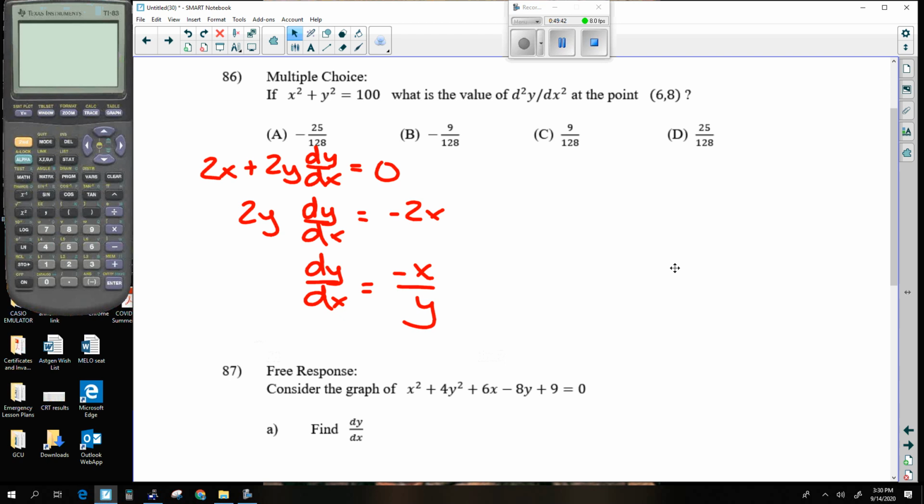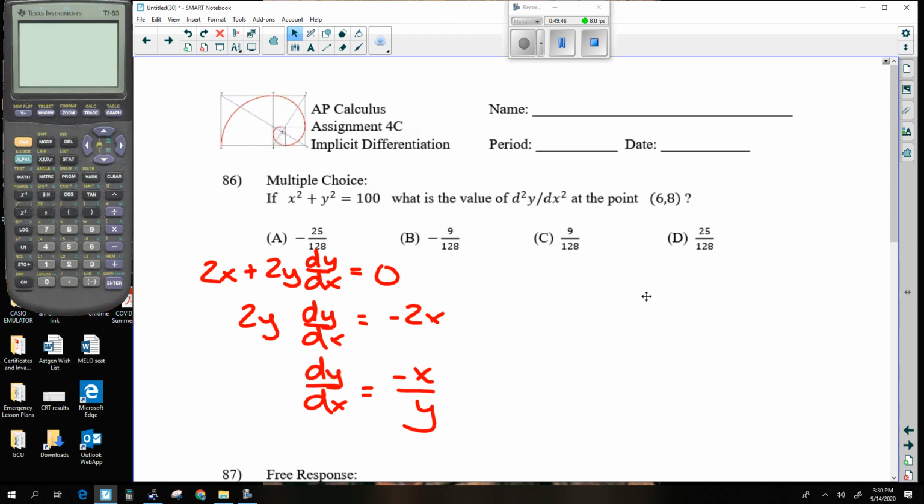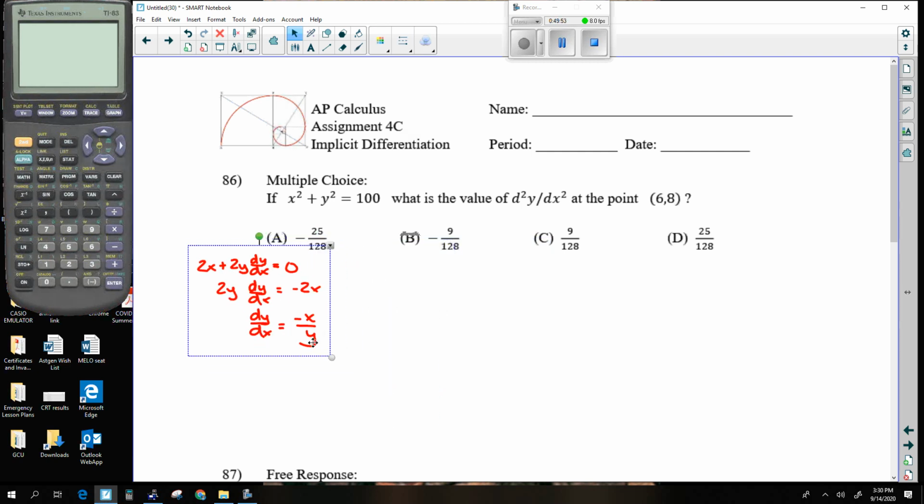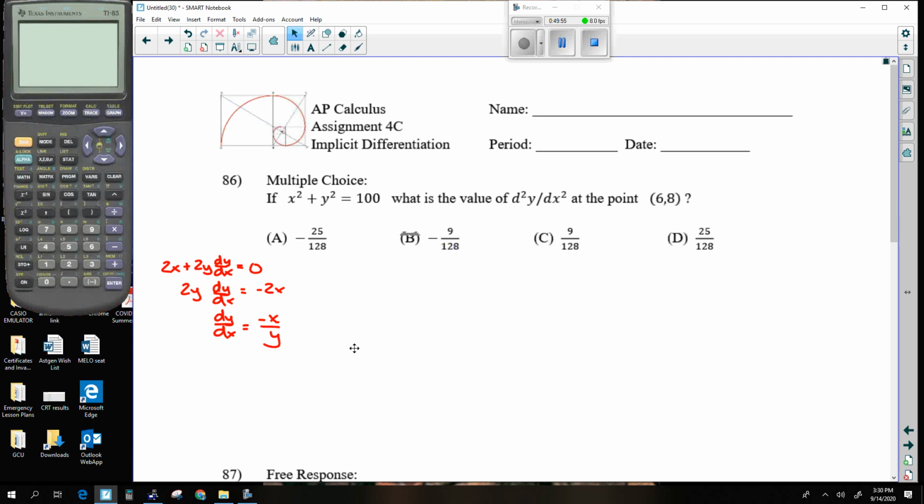But they want the second derivative. Okay, so here comes the second derivative time. So d squared y dx squared.